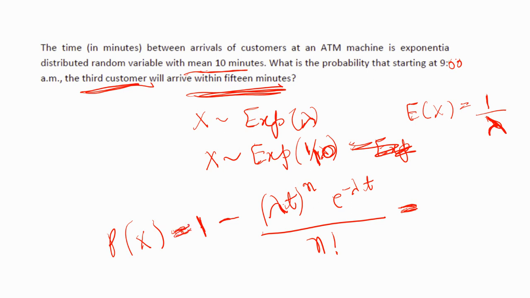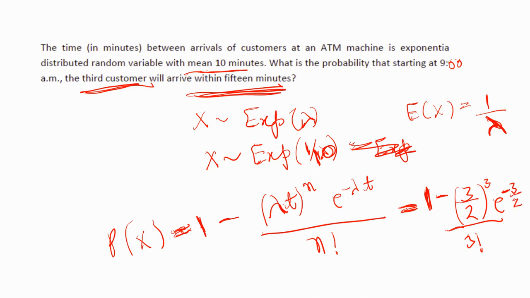Okay. Now it will be 1 minus, lambda t will be what? Lambda is 1 upon 10 and t is 15. So it will be 3 by 2 to the power n, n is 3, 3 factorial, and e to the power minus 3 upon 2.